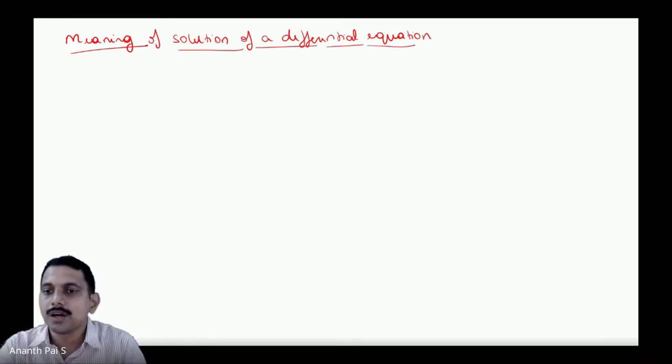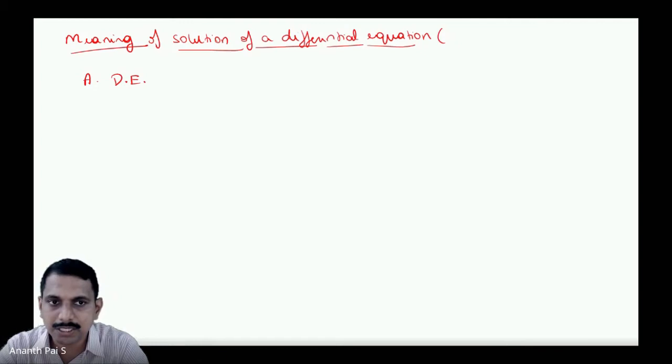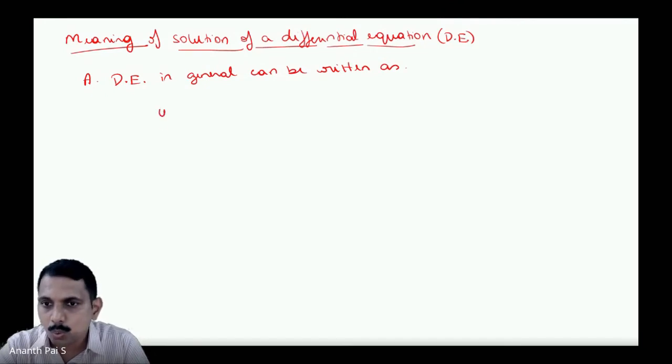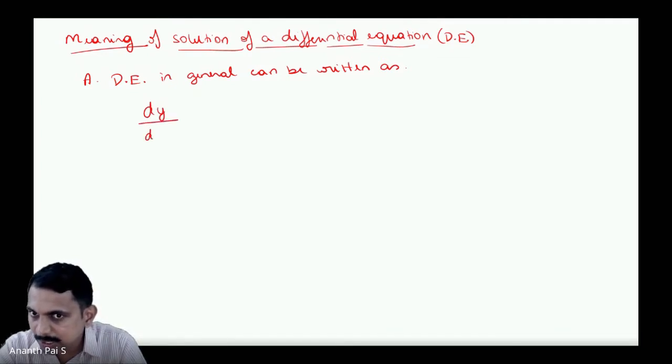A differential equation, DE, in general can be written as d^n y by dx^n plus d^(n-1) y.